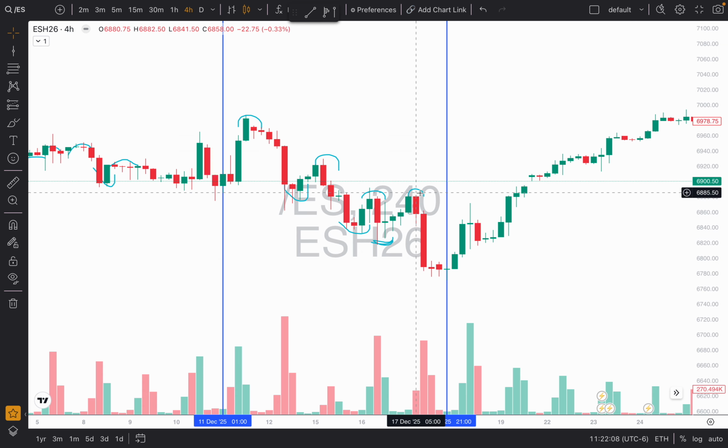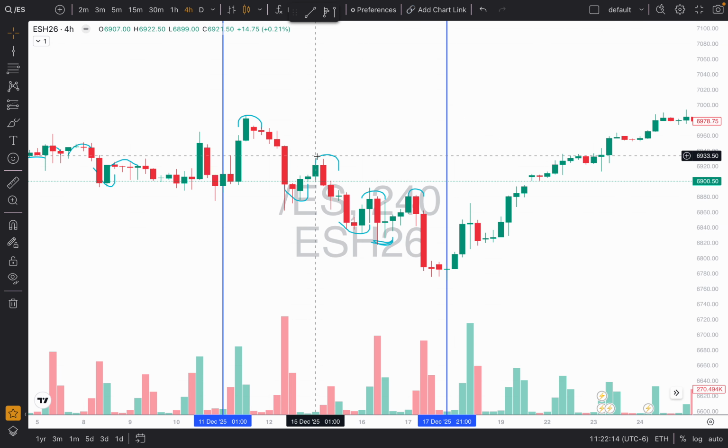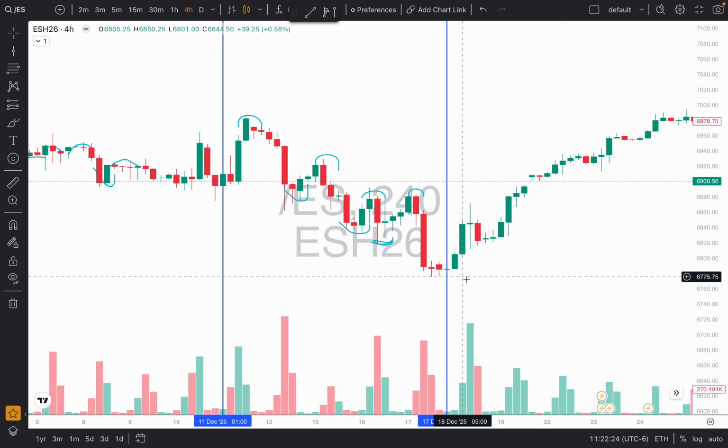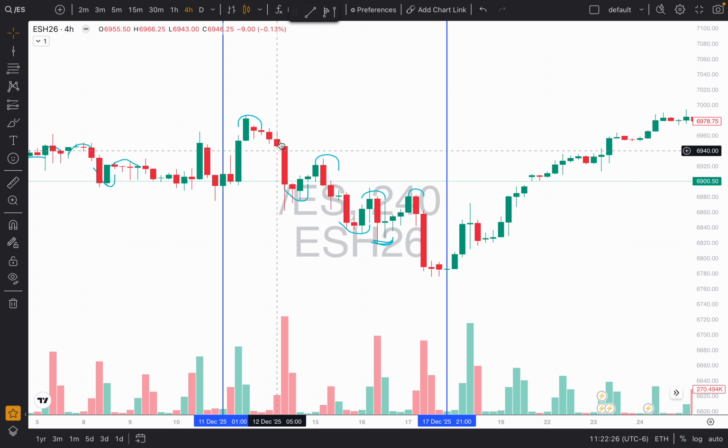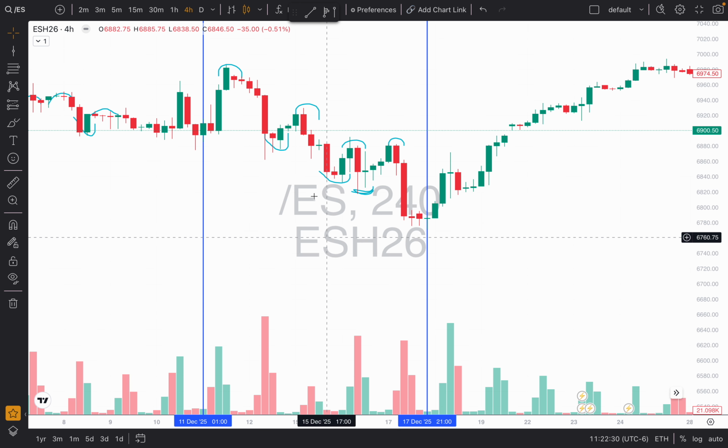We seen every time it comes to this high, all it does is reject harder than it did the first time. It comes up and rejects even lower than it did the first time, right? So we see that at these highs in a downtrend, price is rejecting.